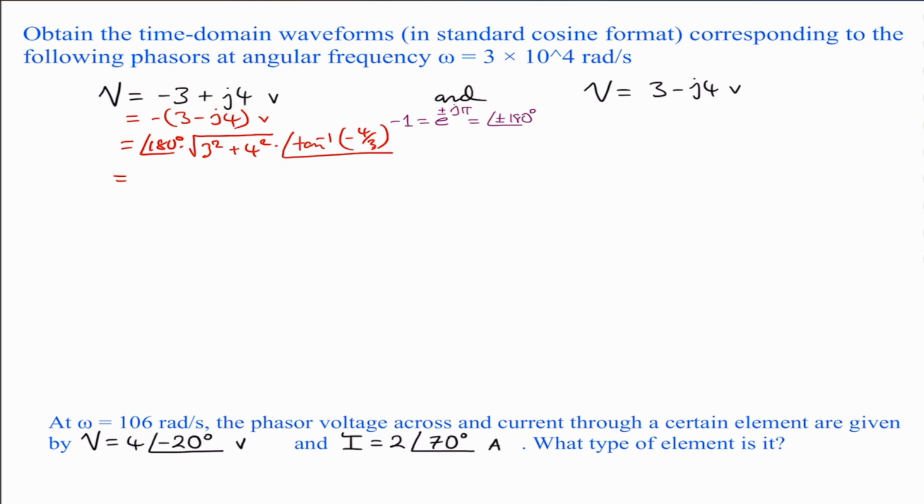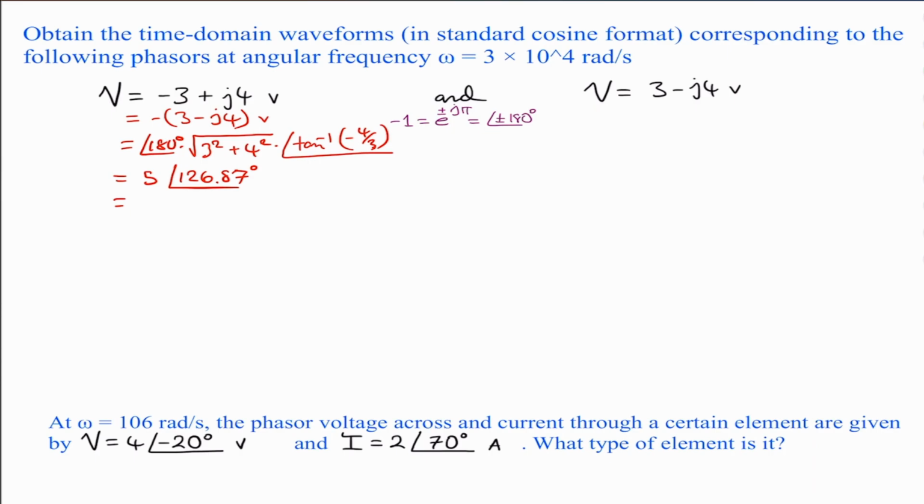So this is then equal to a magnitude of 5 after we take the positive square root. When we multiply both of our terms, we add the angles. So then we end up with an angle of 126.87 degrees.